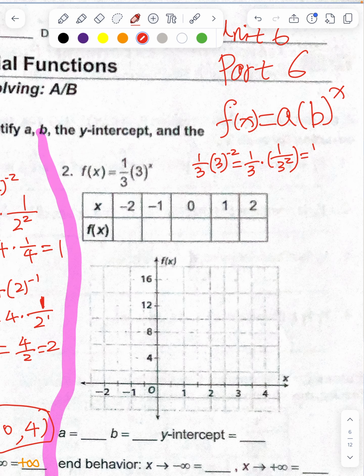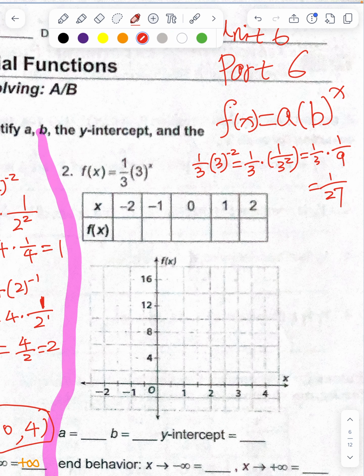So this part is 1 over 9, since 3 squared is 9. So this is 1 over 27. Fraction multiplication: top multiplied by top, bottom multiplied by bottom, 1 over 27. Oh, this is a very small number.